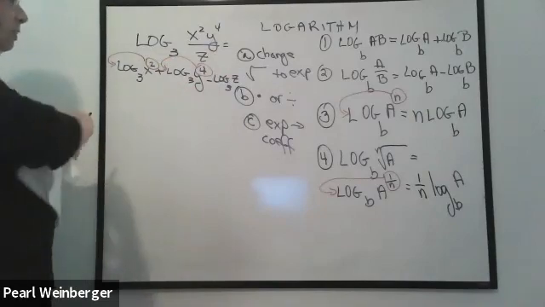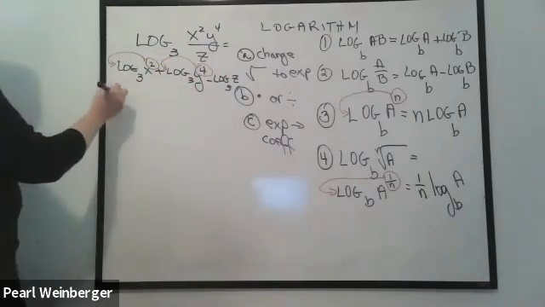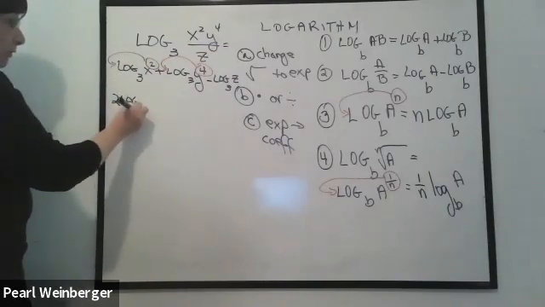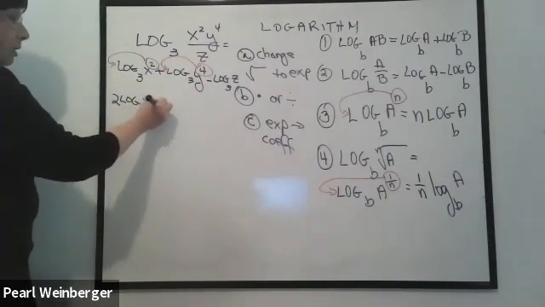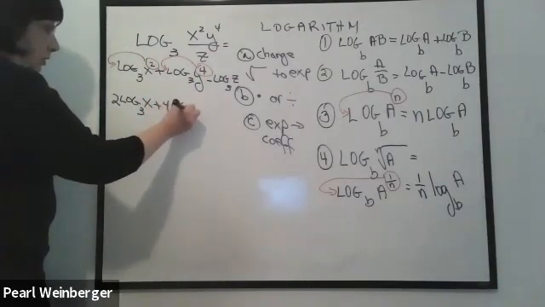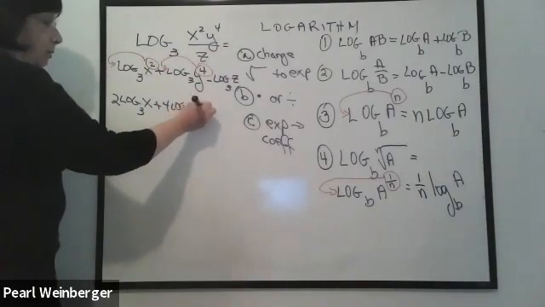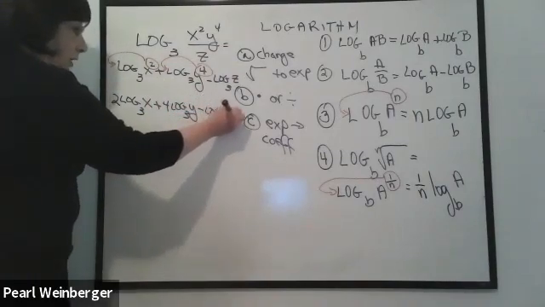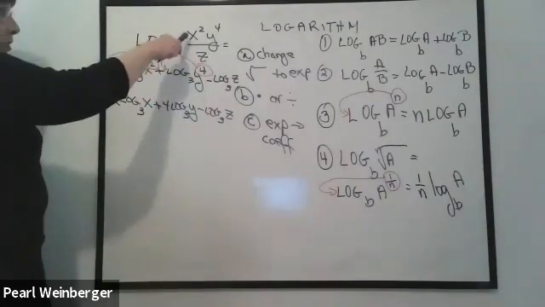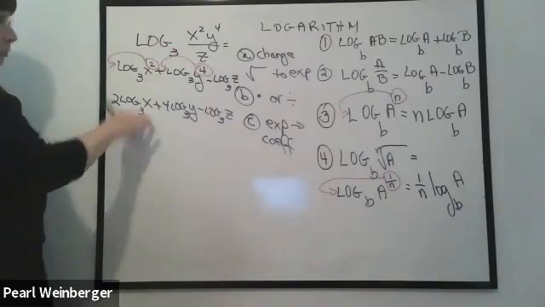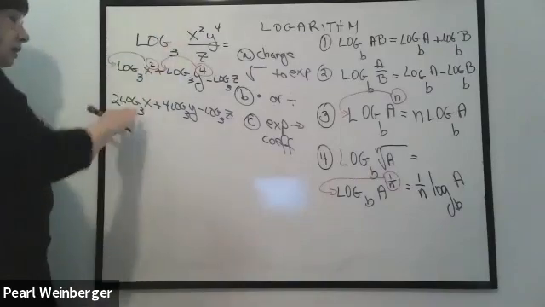So my final expression in this case becomes 2 log base 3 of x plus 4 log base 3 of y minus log base 3 of z. In other words, in front of each one of the expressions, I have to write this log base, whatever it is.